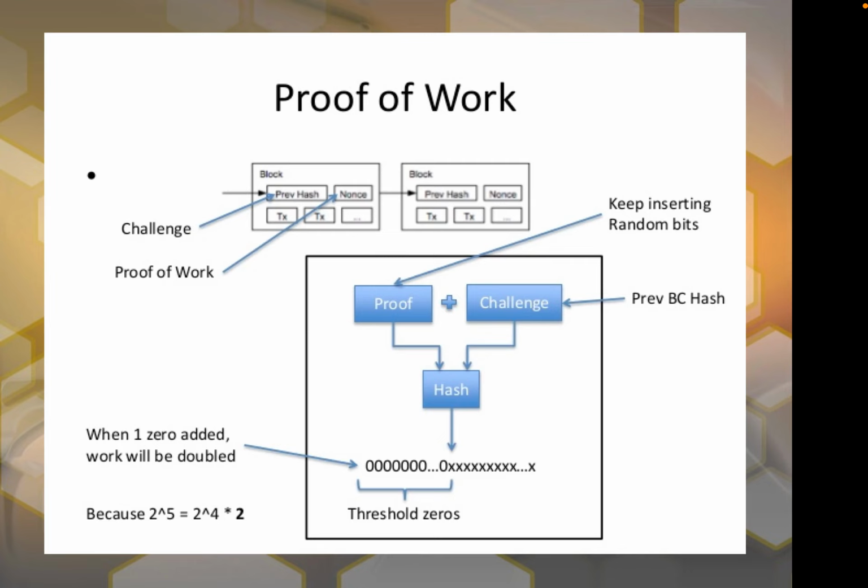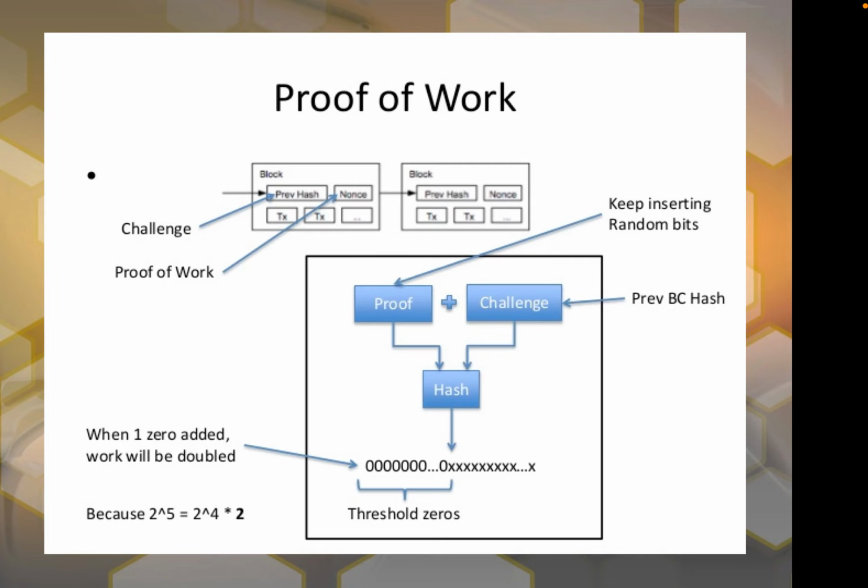They will insert a new zero. Okay, they will actually lengthen the threshold zeros. So it will be harder and harder to mine. That's a key. That is why it puts a limit on the speed of the BTC that will be created.